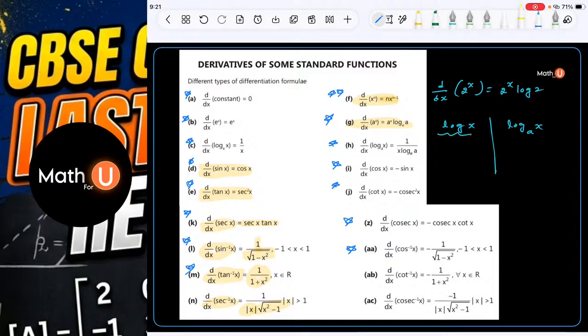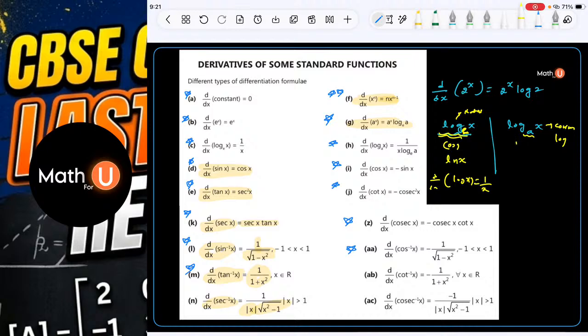If simply log x is given, that is nothing but base e. It can also be written as ln x. If a base other than e is given, this is called the common log, and log with base e is called the natural log. Differentiation of the natural log x is 1 by x.